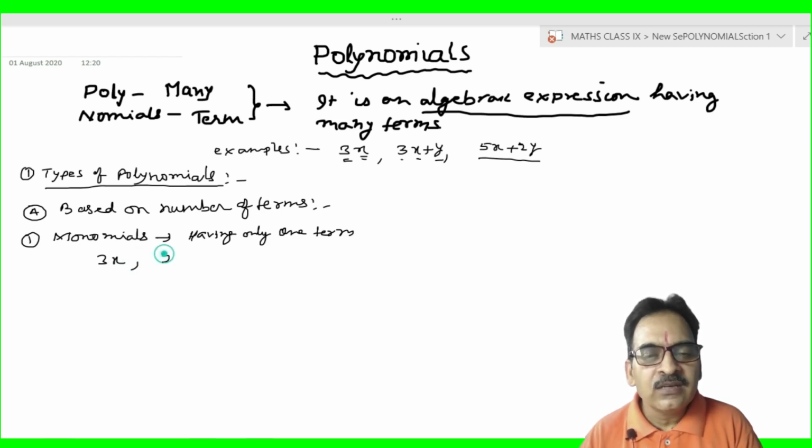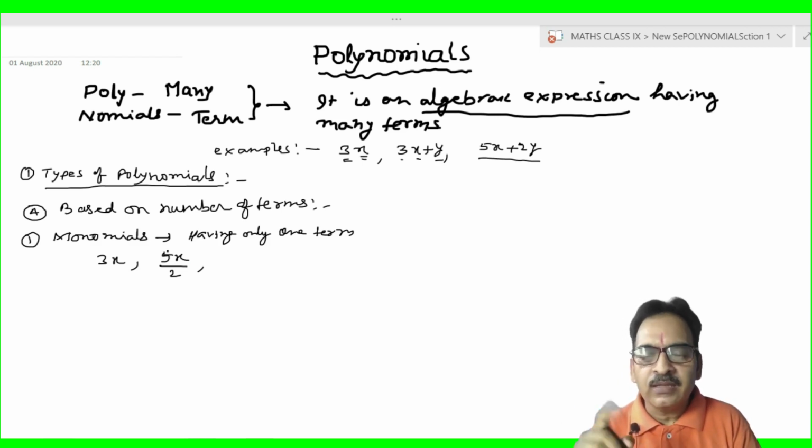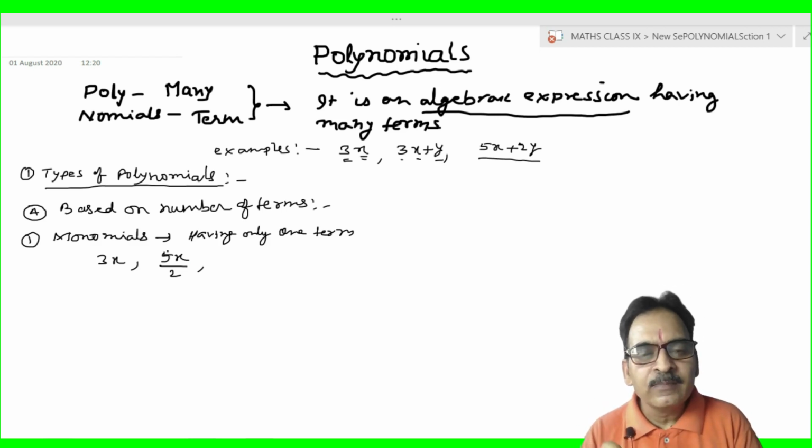Similarly, if we write 5x by 2, so this is also one term. 5 into x divided by 2, as already said, into and division don't differentiate the terms, so together we count them as a single term. Get it? So 3x is one term, 5x by 2 is also one term. So these are called monomials. Why? Because they have only one term.